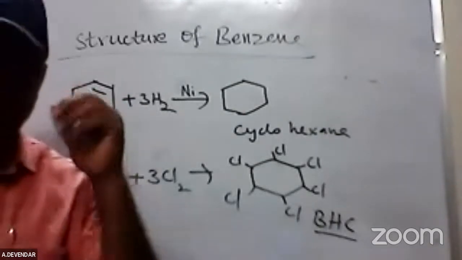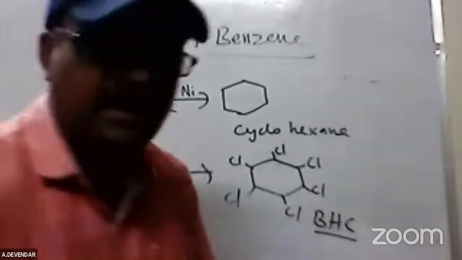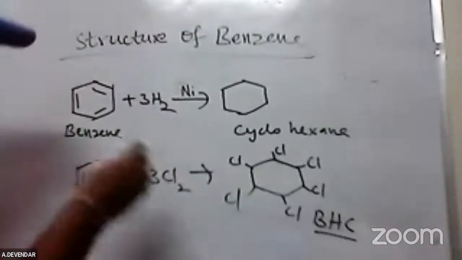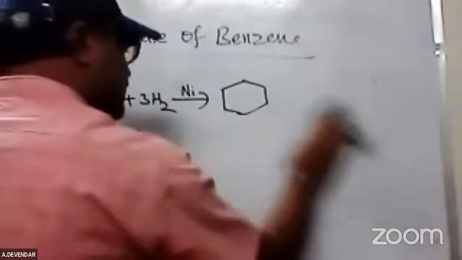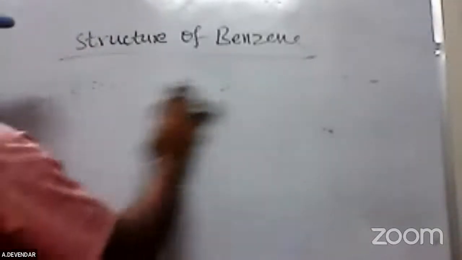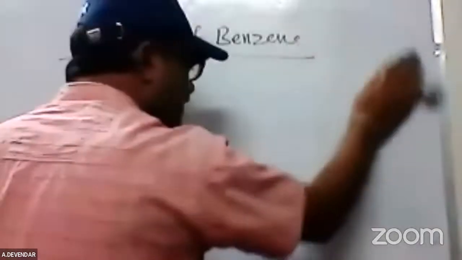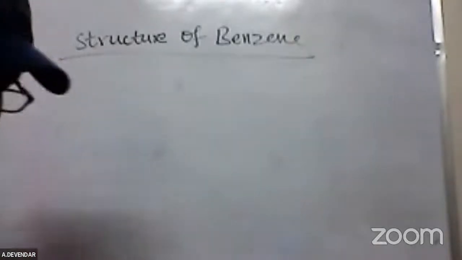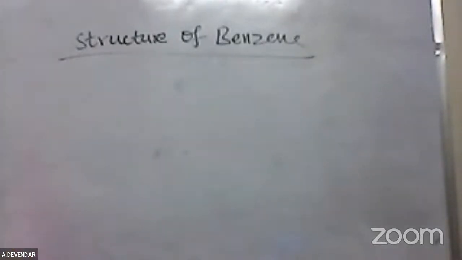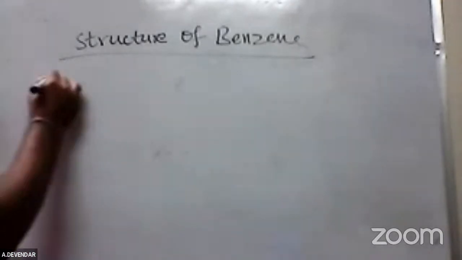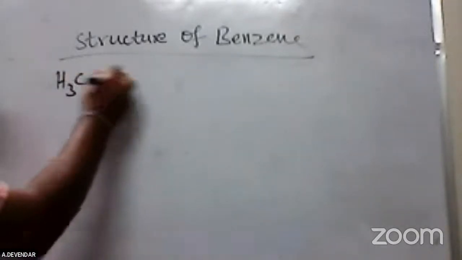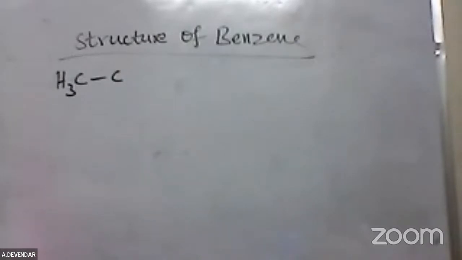Whether a double bond or triple bond is there, there was no idea regarding this. For that purpose, seeing the molecular formula and molecular weight, many scientists prepared and drew structures of how the benzene structure is. Some scientists believed there may be this structure, which has a little bit of difficulty.